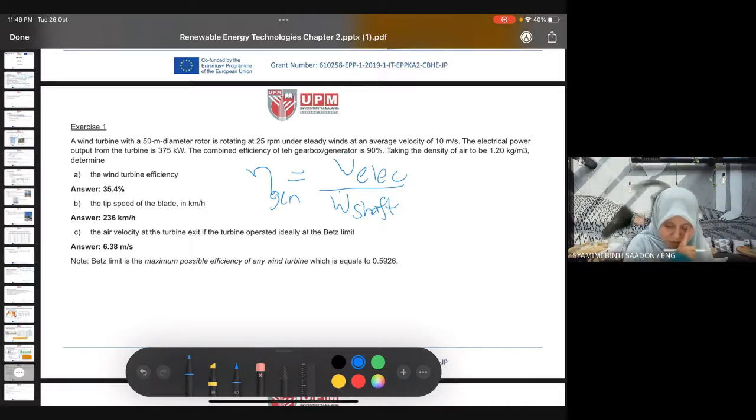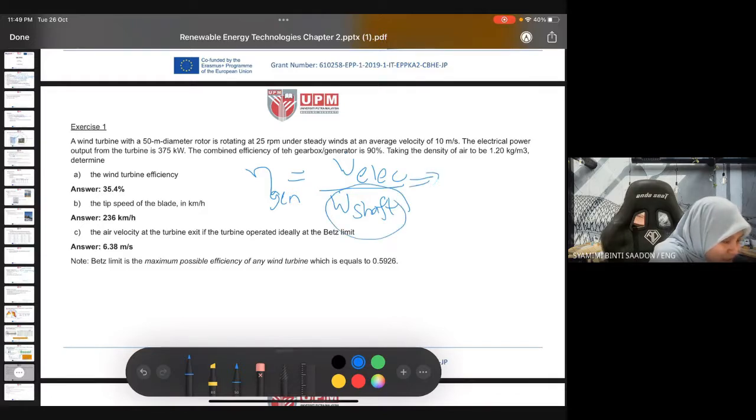So we can calculate this one. Shaft is the generator efficiency, which is 90%, 0.9 times. Not times, sorry. Let's keep going. So shaft.